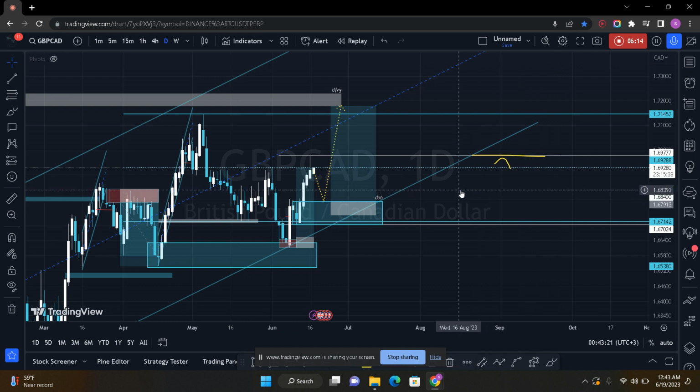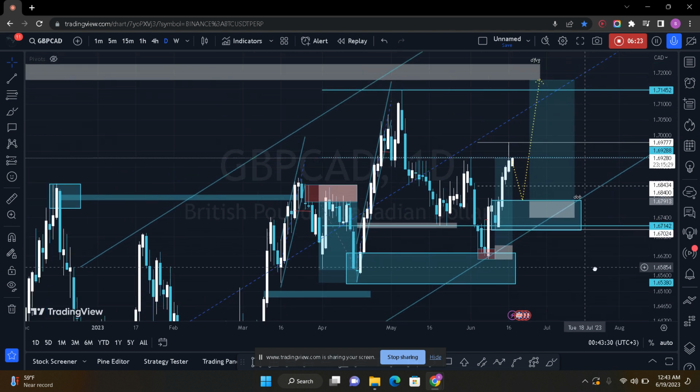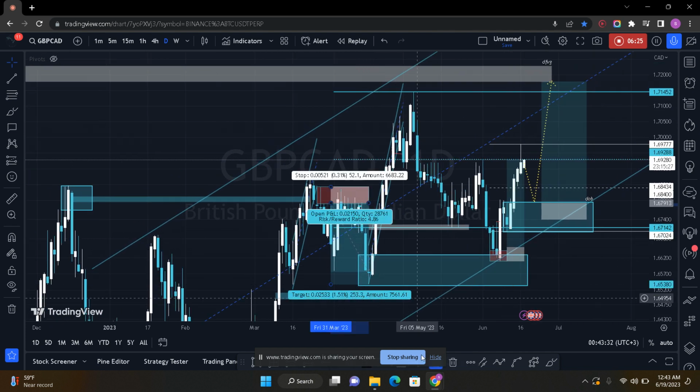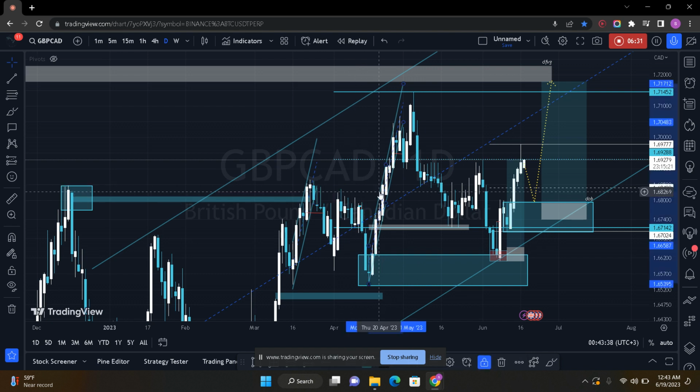Those are some of the metrics I look for in continuation trades. Before we get to that, there is an entry I missed right here, so I'll go ahead and delete this previous analysis.